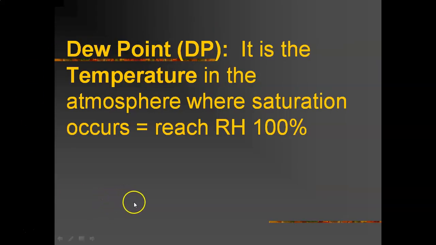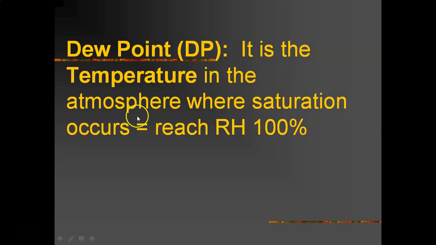What we're going to do now is introduce one other term, and it's called dew point, which we're going to abbreviate DP. It is the temperature in the atmosphere where saturation occurs, where we reach 100% relative humidity. So dew point is actually a temperature. We call it dew point temperature.